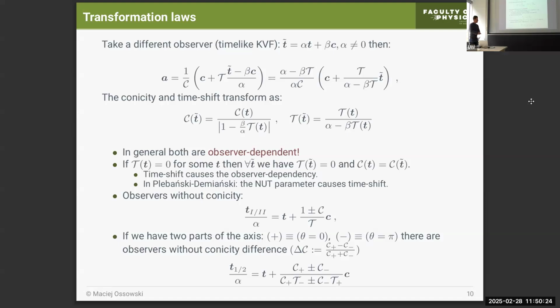So why this is important, maybe, is because if there is no conicity difference between two parts of the axis, then I would assume that you could always, by some global rescaling of the angular coordinate, get rid of the conicity. However, this is the case only for this one observer who doesn't measure the difference of conicities.